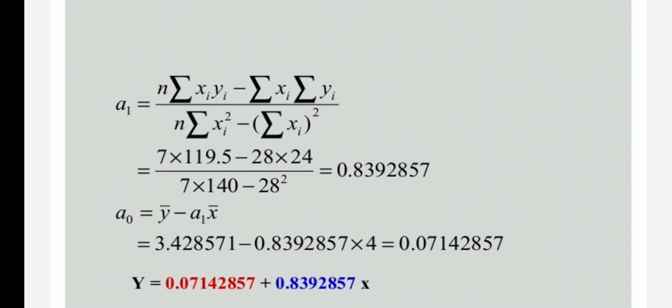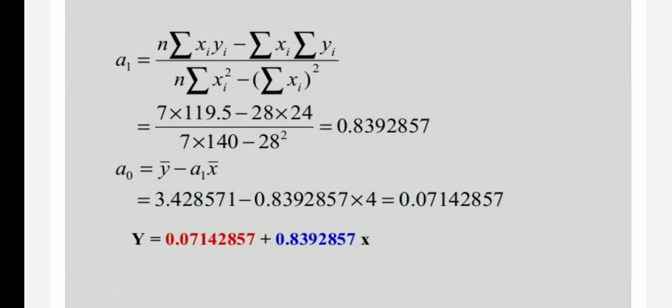The values are given. n is 7, sum of the product of x and y is 119.5, sum of xi is 28, sum of y is 24, divided by n, again 7, into 140, the sum of xi squared, minus 28 squared. If you simplify this, you get 0.839.